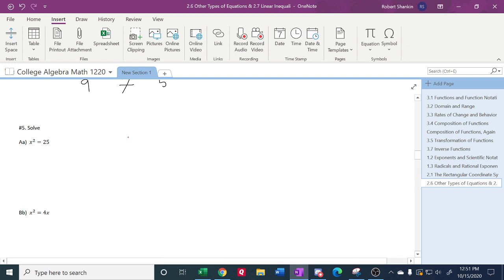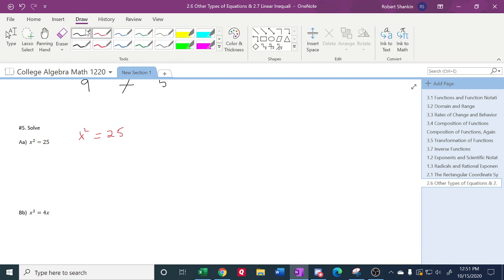Okay, 5a, we've already seen this. You can do it by square rooting both sides. And when I square root both sides, I insert a plus or minus sign.